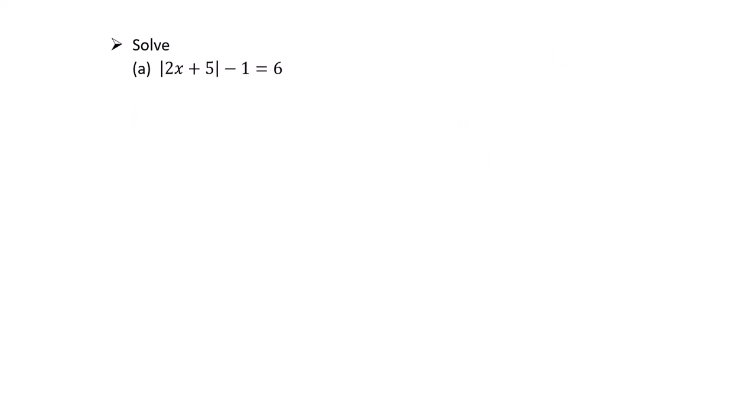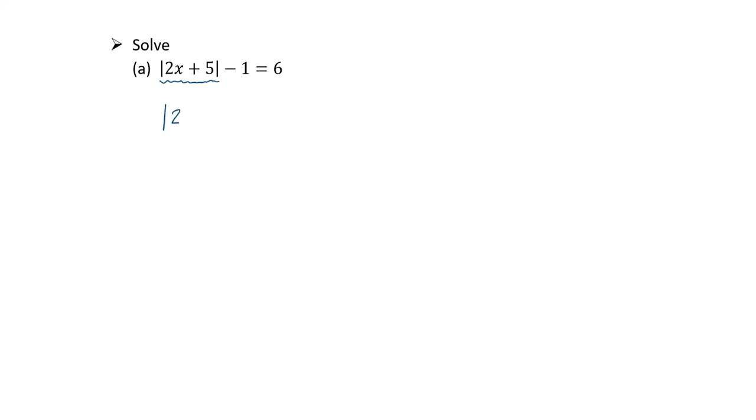Let's practice a few of these solving absolute value equations. In this problem, I have the absolute value of 2x plus 5 minus 1 equals 6. Our first step is to isolate the absolute value.